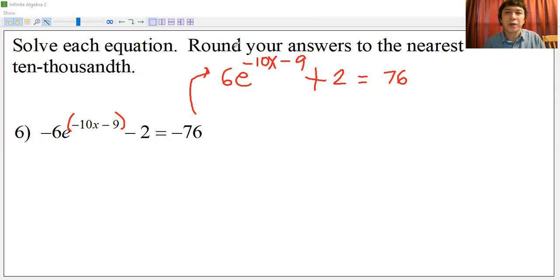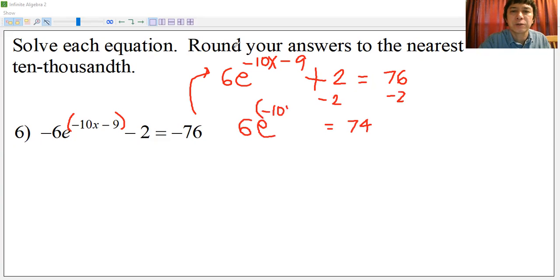And so we can start now by subtraction. Subtract by 2. There. And the right side is 74. And the 2 and the negative 2 is 0. We have the right 74 and the left is 6 times e raised to the exponent negative 10x minus 9.